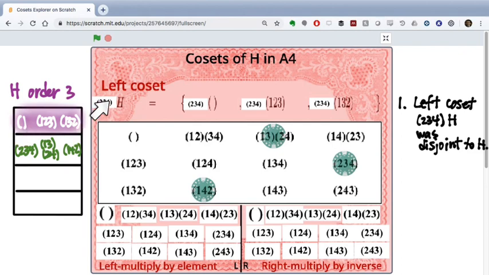So our original first row here was a subgroup. This new row, this green row, is not a subgroup. How can we tell? It doesn't have the identity. So even before checking any of the other properties, we know for sure that this is not a subgroup. (2 3 4)H is not a subgroup of G, A4. Okay, what else?